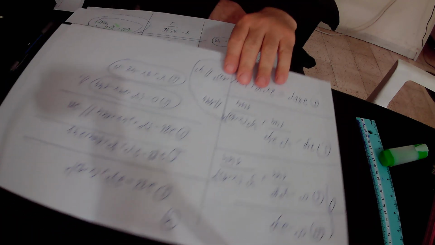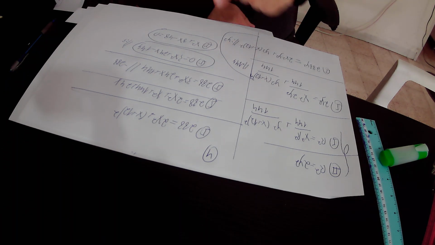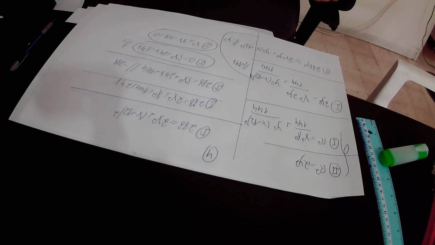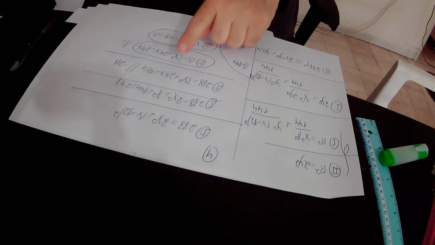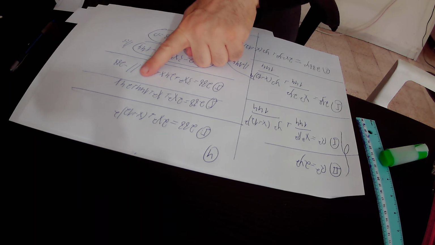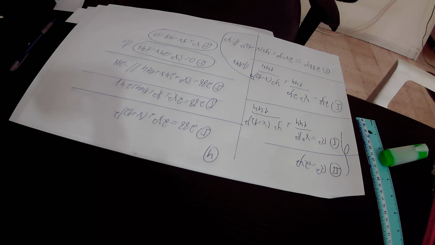So according to equation 1, 288 equals 2x squared plus (x plus 12) squared. We open the brackets: (x plus 12) squared equals x squared plus 12 squared, that is 144, plus 2 times x times 12, that is 24x.